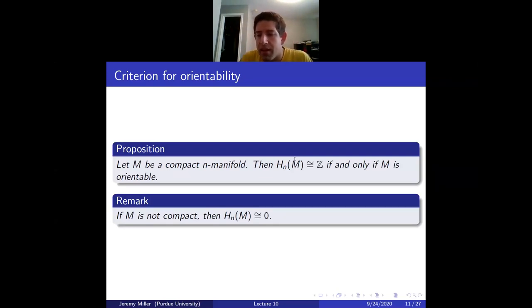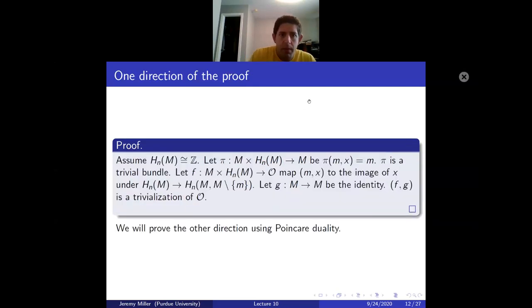Let's say it's the interior of a compact manifold with boundary, then you want the homology of the manifold rel the boundary in degree n to be Z. So we'll do one direction of the proof now, and then the other direction we'll prove using Poincare duality. And then next time we'll prove Poincare duality.